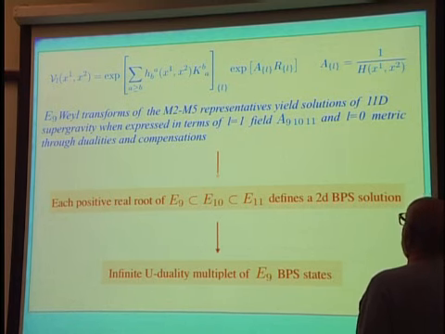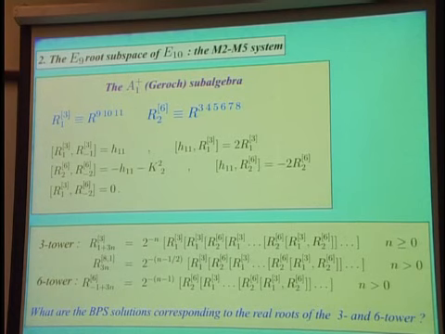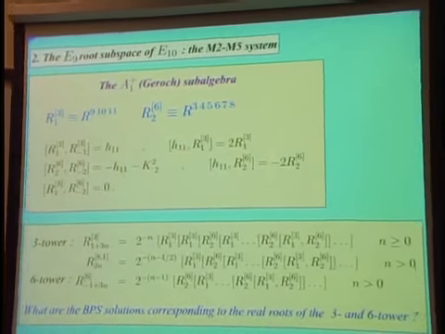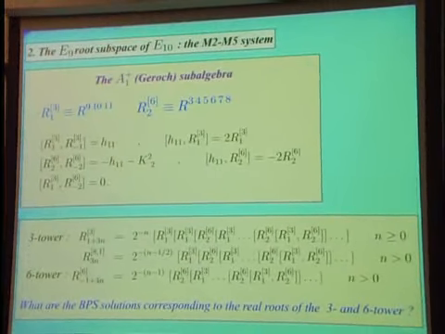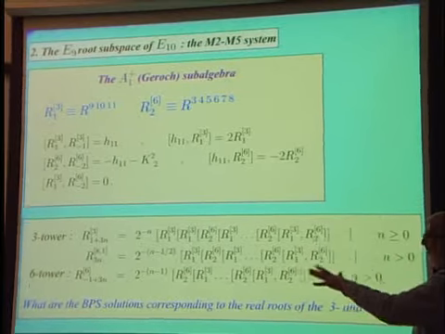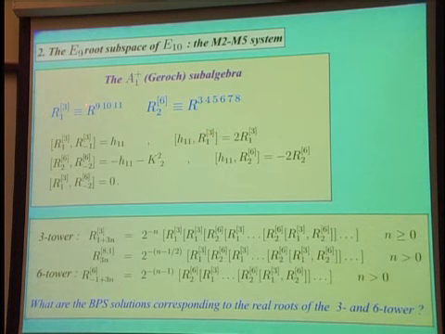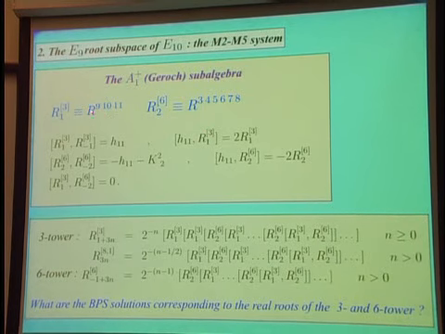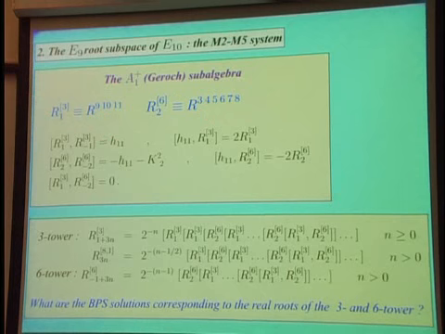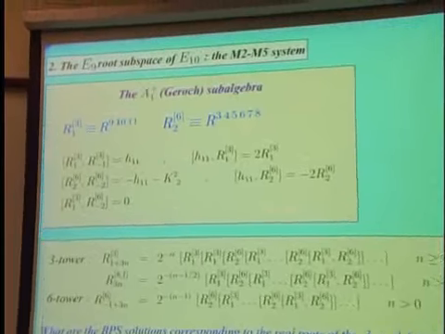Now let's do this. The first thing is that we're going to select a simple subalgebra of E9, which is a subspace of E10, and the simplest thing is to take the commutator of these generators which we had, which define essentially the 2-brane and the 5-brane, and we generate this way a group.